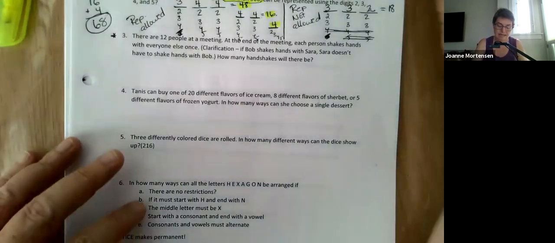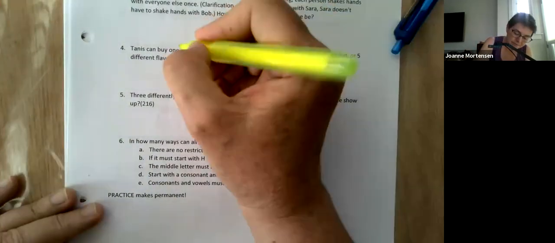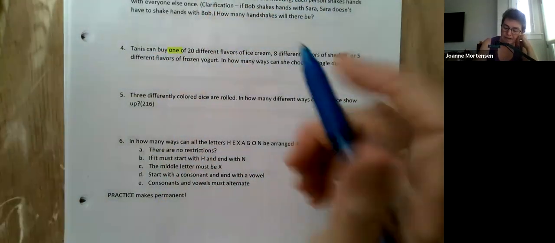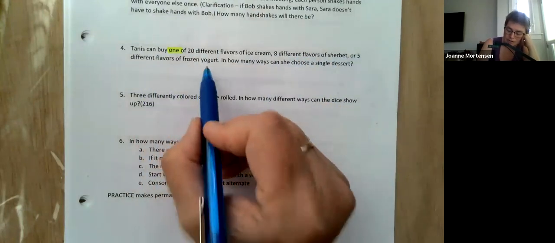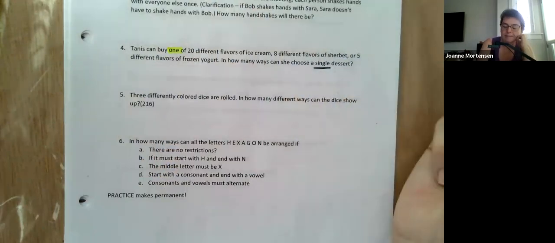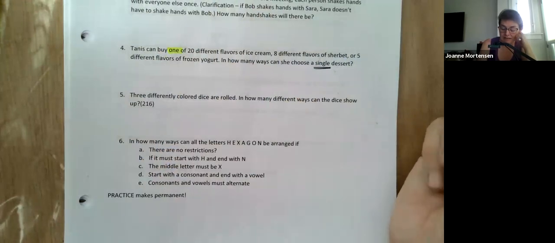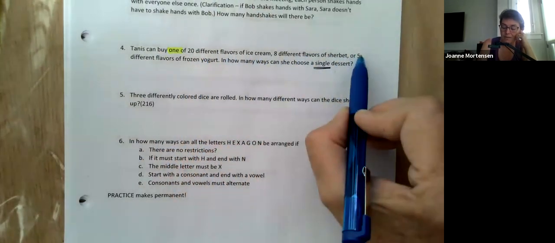Number 4, tennis pie. Okay, here we go. She gets to do one thing. She can buy ice cream, or she can buy sherbet, or she can buy frozen yogurt. How many ways can she choose a single dessert? Exactly like that first question. So she can choose this, or that one.